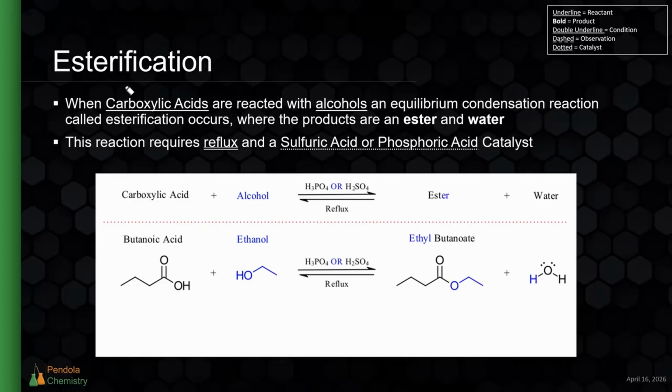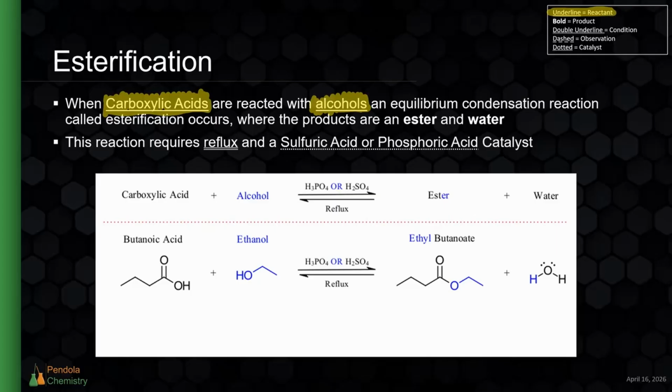During esterification, carboxylic acids, that's our first functional group, are going to react with alcohols. So we're reacting alcohols, with OH, the hydroxyl group, with a carboxylic acid, with the COOH group. So these are going to be our reactants.